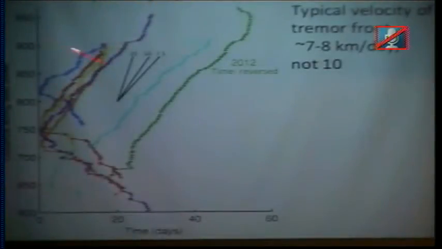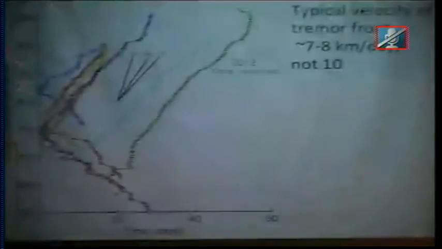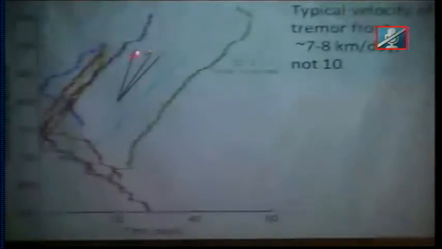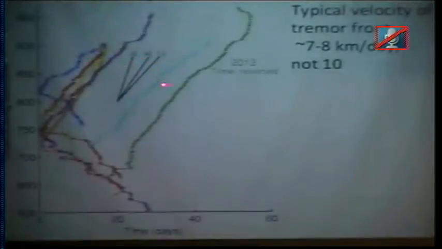And we can actually compare these tremor fronts, which I'm doing here. In order to compare them and get an idea of their average velocities, I reversed the 2012, which went south through the area. We can just look at the slopes and see that they mostly have pretty similar slopes, except for the yellow one. And the slope is generally actually less than 10 kilometers a day.